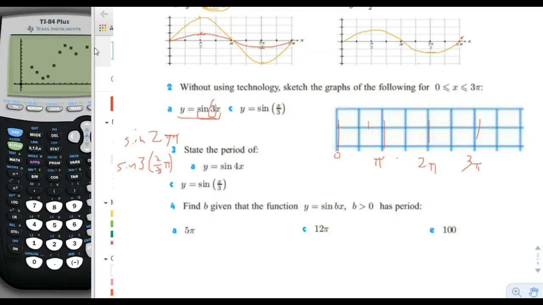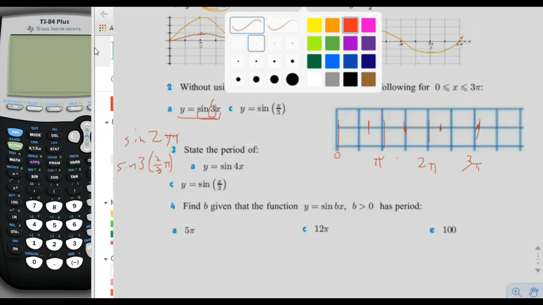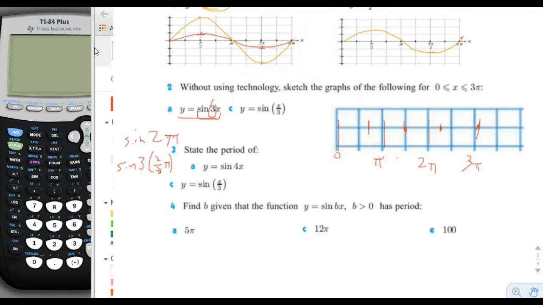That would be about there, and the next one would be 2/3 plus 2/3, which would be 4/3 pi, right there, and then another 2/3 would be here, and then here.